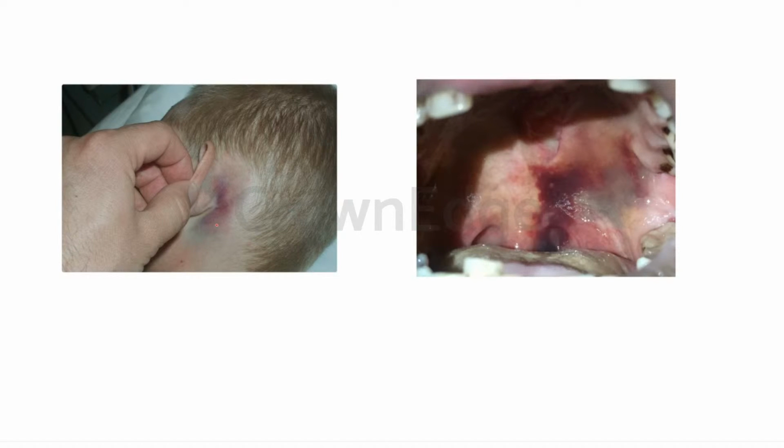Ecchymosis is rupture of capillaries causing discoloration. Basically, rupture of capillaries. Are you sure about that? Basically, just remember it as subcutaneous bleeding. And what about the size? The most important part is that the discoloration is more than 1 centimeter in size. Okay. Extravascular and intravascular.